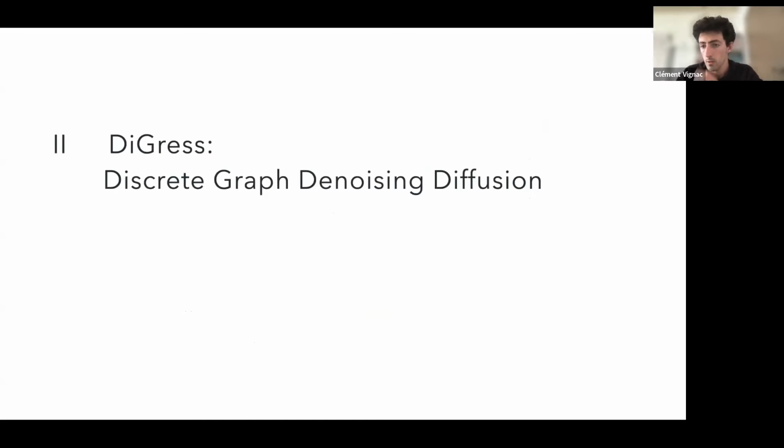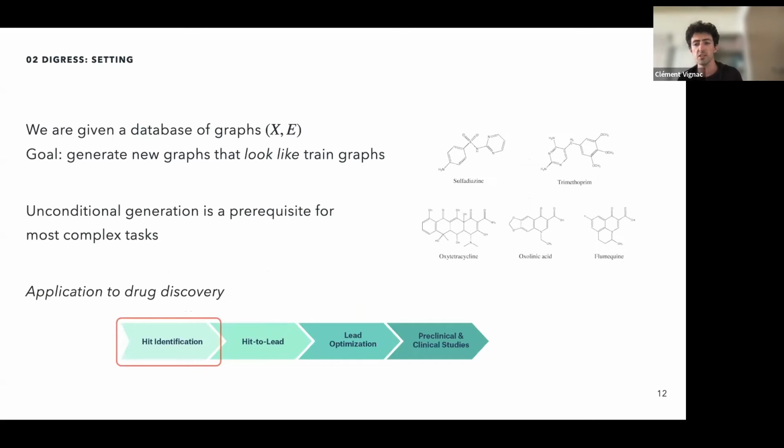Okay. So let's move to graphs and to DiGress in particular. So the setting that we consider for now is unconditional generation. We have a database of graphs with node attributes X and edge attributes E. And we want to generate new graphs that look like the graphs in the training set, but look like it's not so clear what it means.